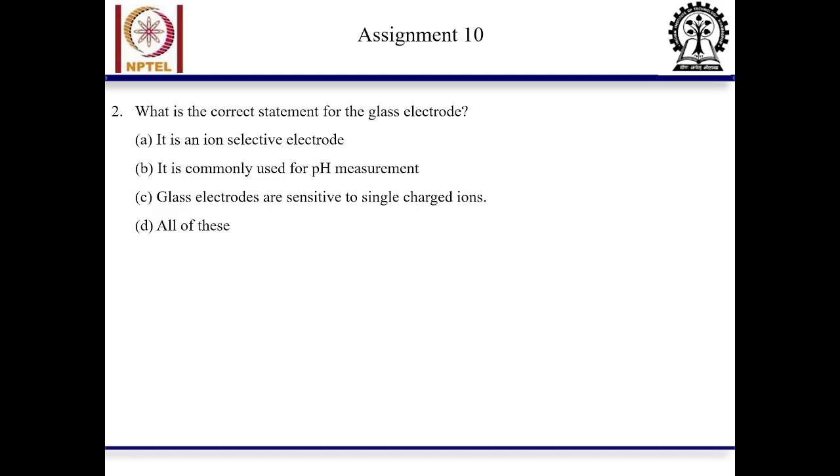Yeah, Sunil Pawar is saying D. Any other opinion on this question?